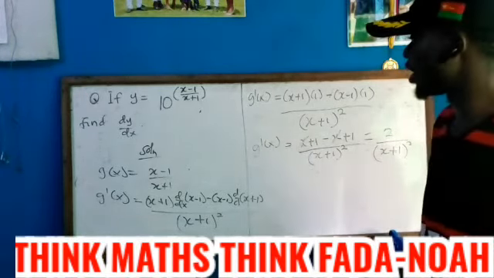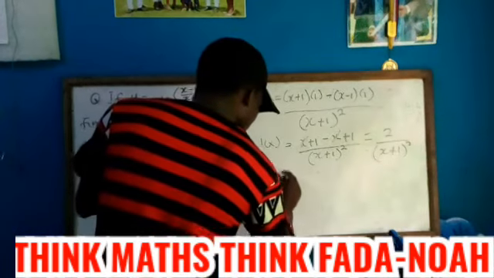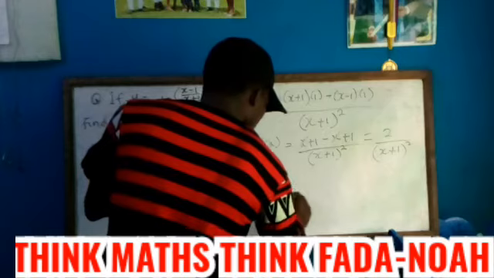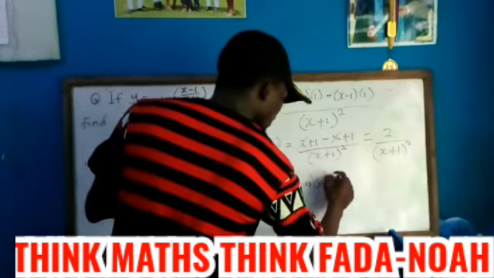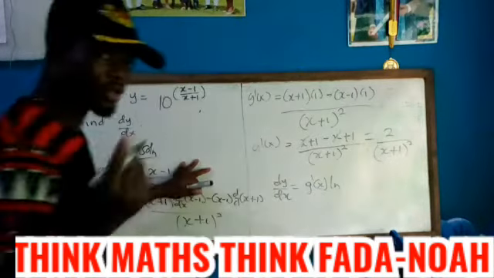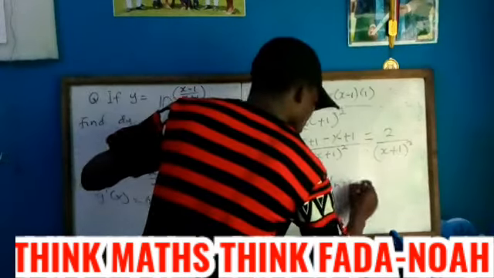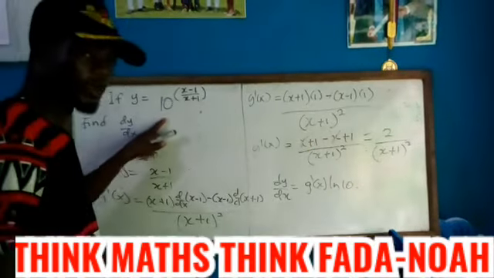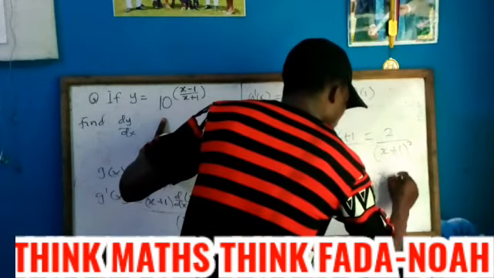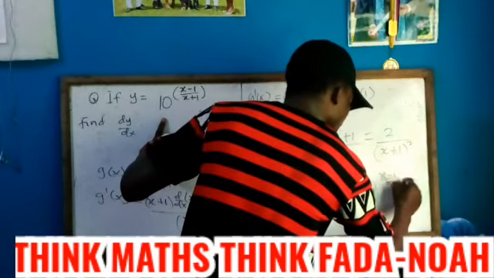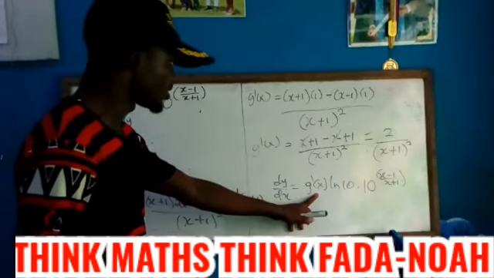So let's look at our dy/dx. We say that our dy/dx is equal to g prime of x times the ln of the base, ln of the constant here, which is 10. So we write ln 10 times the whole function over here, which is 10 exponent (x minus 1) over (x plus 1). So you have to substitute for g prime of x, alright?